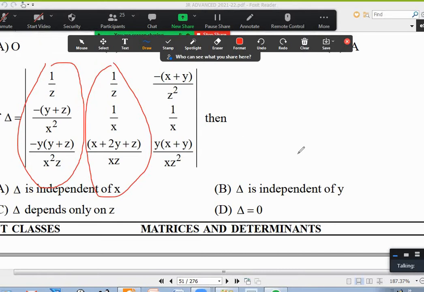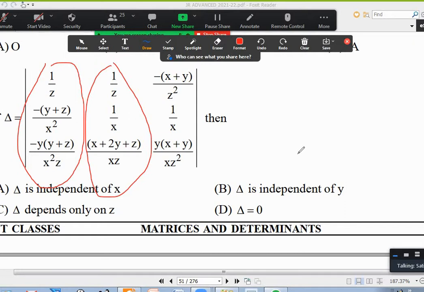Okay. Directly, let us do one thing. Let us see what is happening. I want to write column 3 as column 3 plus x by z times column 1 plus y by z times column 2. I want to do this.